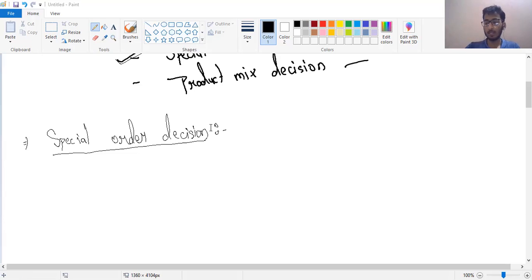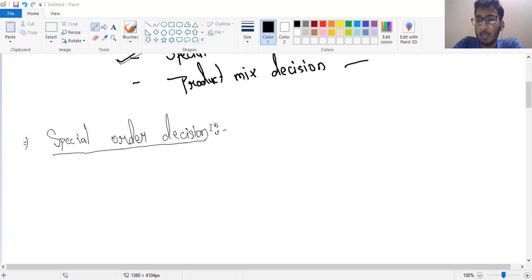Okay, so what basically special order decision is, what we do in the special order decision. Suppose I take the example of the mobile phone and calculator. So basically calculator was a special order for me. In my regular course of business, which is making mobiles, if I'm getting an order of making calculators, it would be a special order for me because I do not really get the order of making calculators on a day-to-day basis.